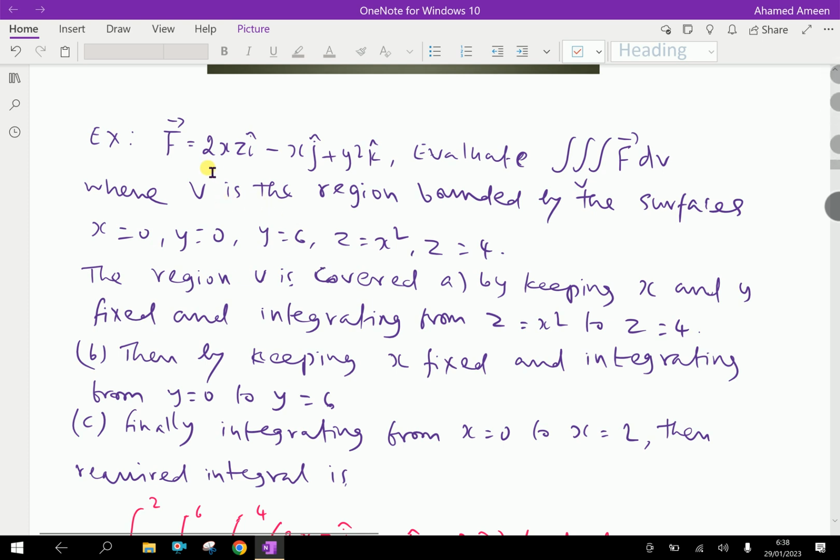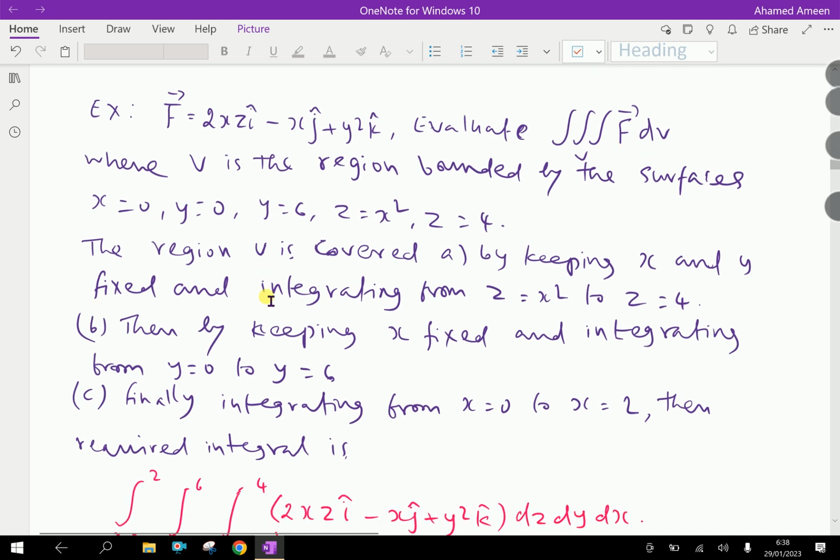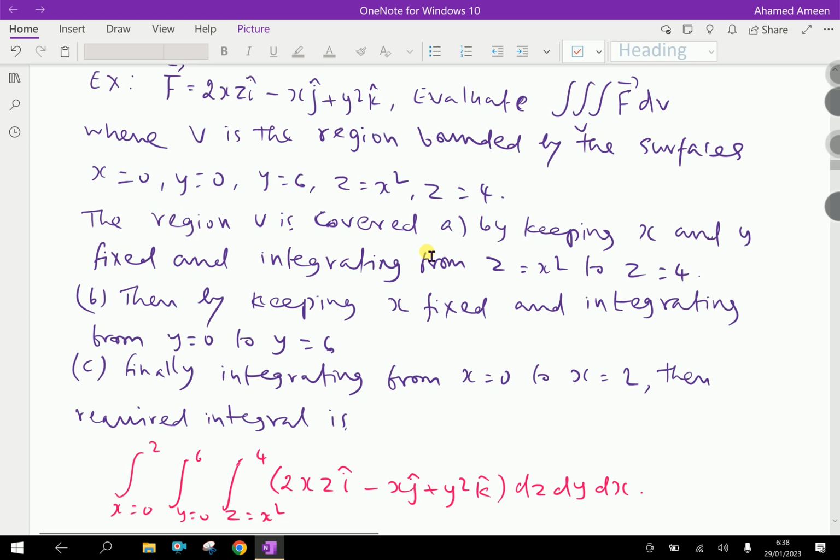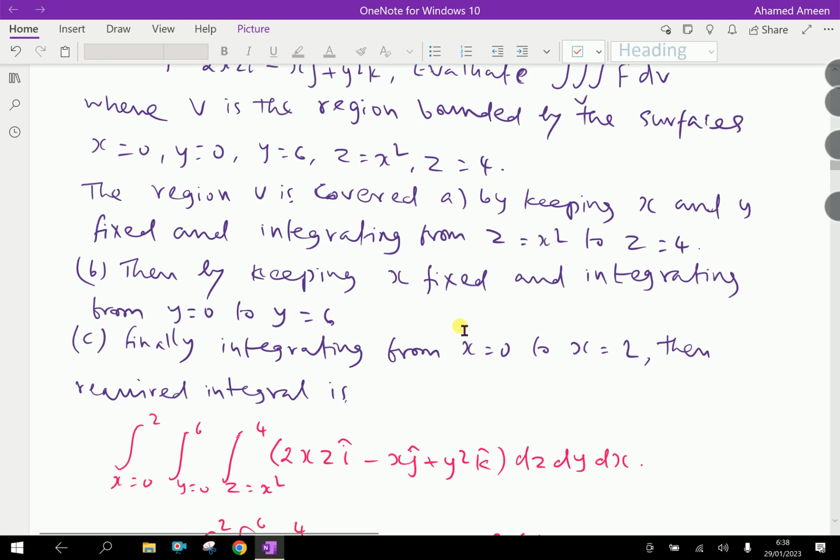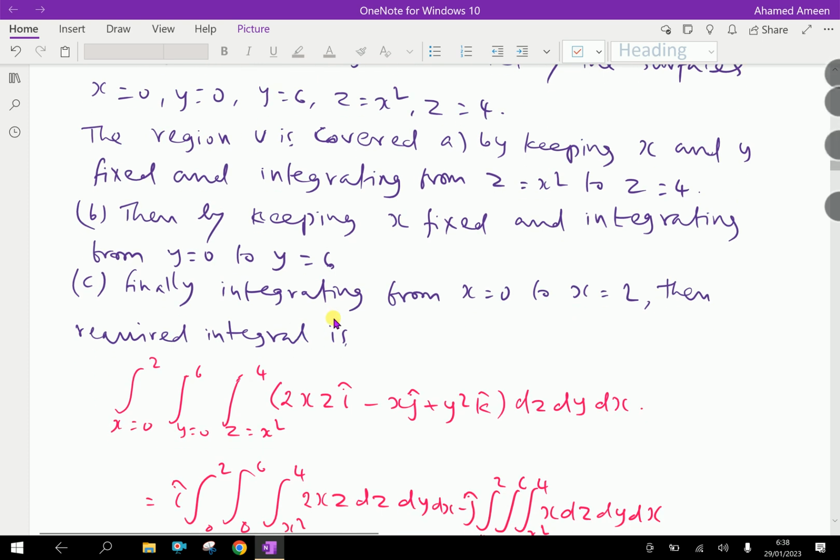Now, with vector F given, we have to find the triple integral of F dV. The region V is covered by keeping x and y fixed and integrating from z equals x squared to z equals 4. That is the first integral. Then by keeping x fixed and integrating from y equals 0 to y equals 6, finally integrating from x equals 0 to x equals 2.